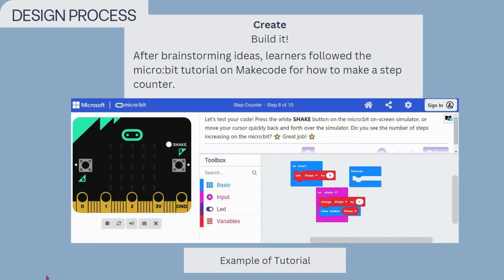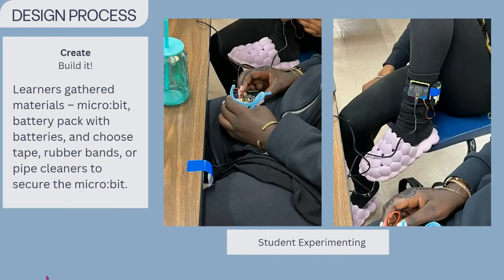After brainstorming, they followed the microbit tutorial on MakeCode on how to make a step counter. As part of Create and Build It, learners attached materials, the microbit battery pack with batteries, and chose tape, rubber bands, or pipe cleaners to secure the microbit to their persons.